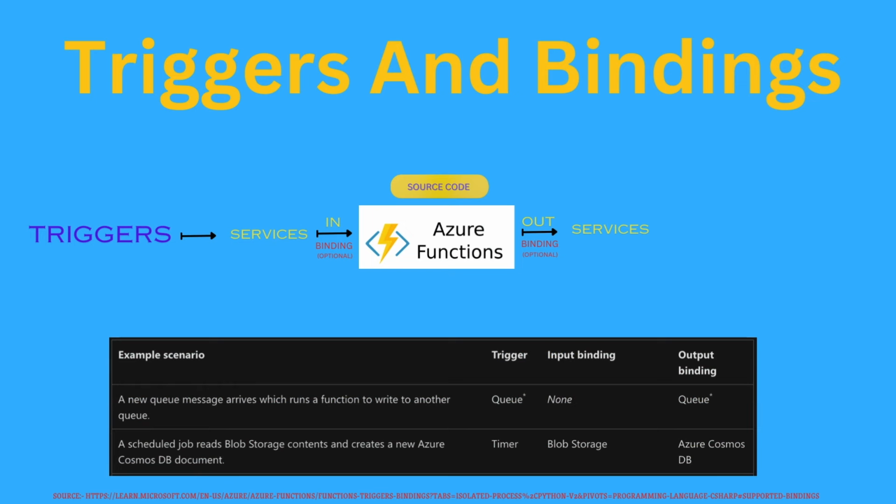So Cosmos DB becomes my output binding. So we have a trigger, that is timer. We have an input binding, which is blob storage, and we have an output binding, which is Cosmos DB. Likewise, there are many triggers and bindings.